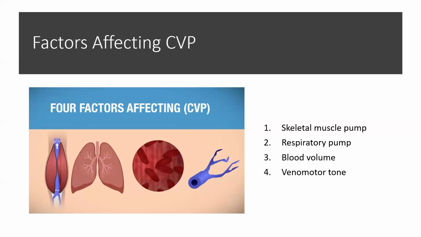And this is going to also be a factor, is going to be your venomotor tone. So if I constrict your veins, what would happen to the pressure of the right atrium? Constriction would increase the pressure and therefore increase CVP.